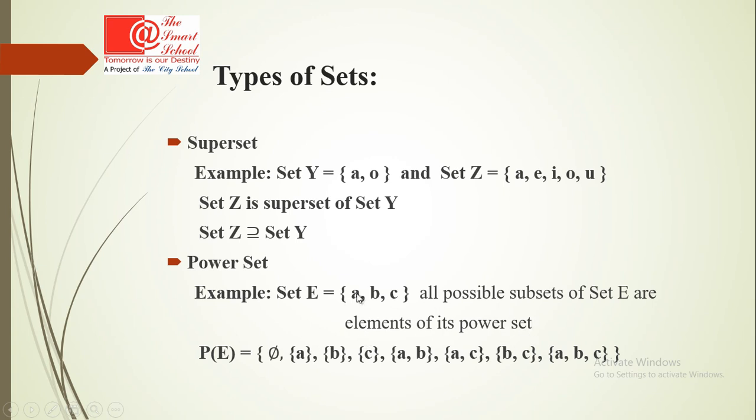For A, B, C, the subsets are first of all the empty set, then a set which has element A in it, then another set which has element B in it, then C as an element, and then another set which has A and B as elements, and one more which has A and C as elements, and one more which has B and C, and another set which has A, B and C, like all the elements which set E has. So all these are subsets of set E, and this is the power set of set E.